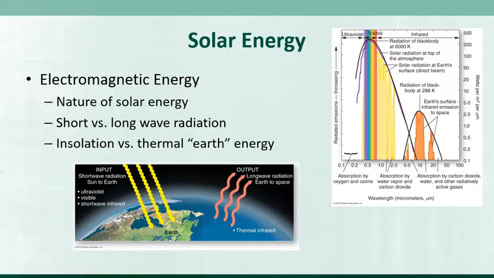Energy that is given off by the Earth, which is much cooler than the sun, is largely infrared energy, which we will refer to as long-wave radiation or thermal Earth energy. And it's very important to understand the distinction between these two. The energy that comes into the atmosphere is a different form of energy than the kind that ends up being trapped inside the atmosphere, something we'll be talking more about later on.